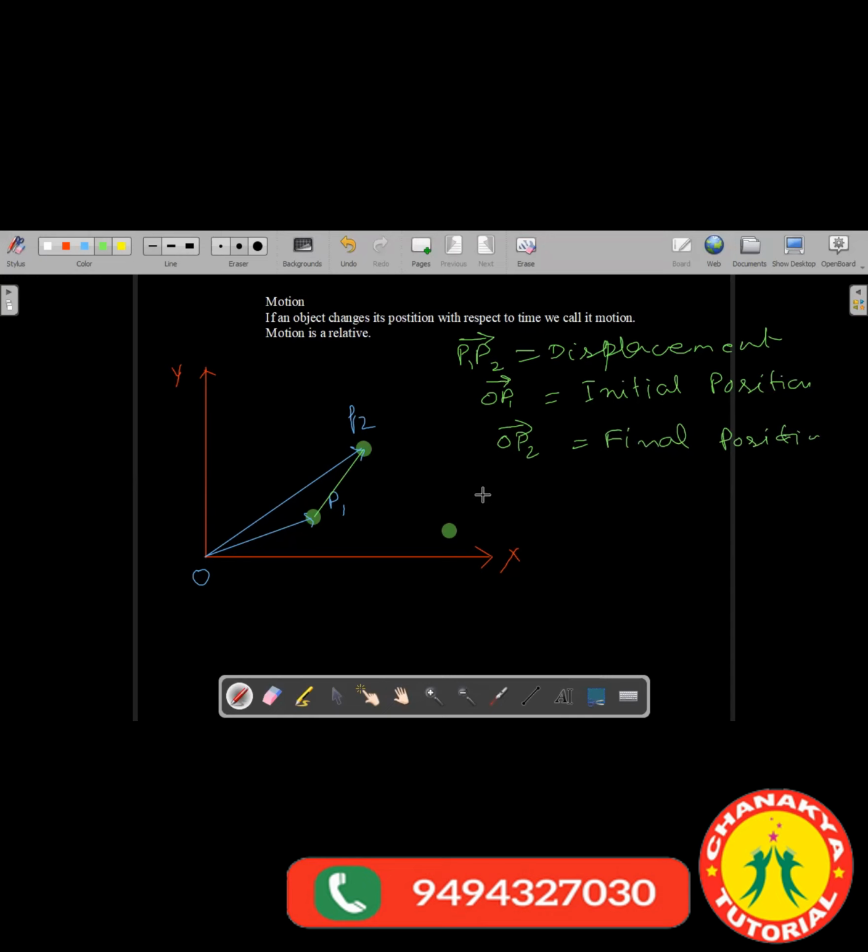As we know, the displacement is given as the change of position.